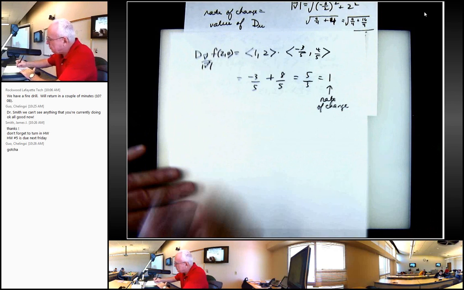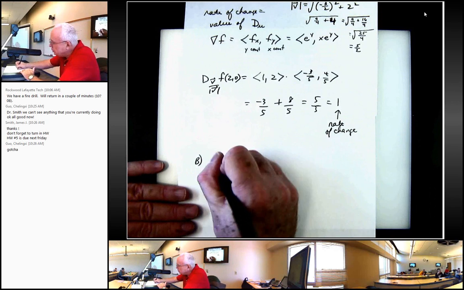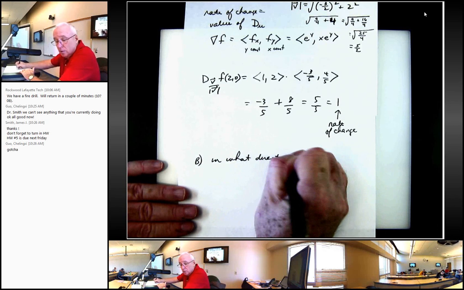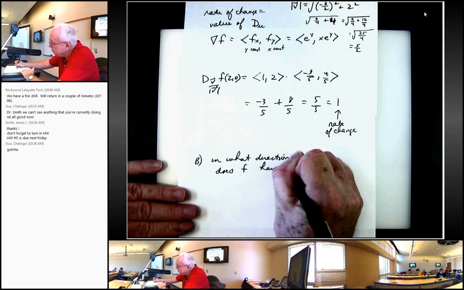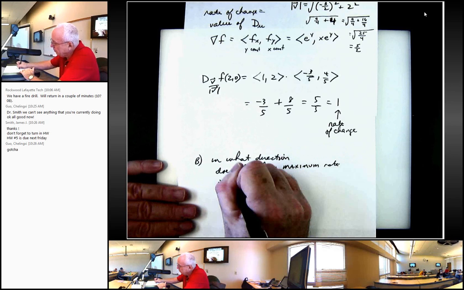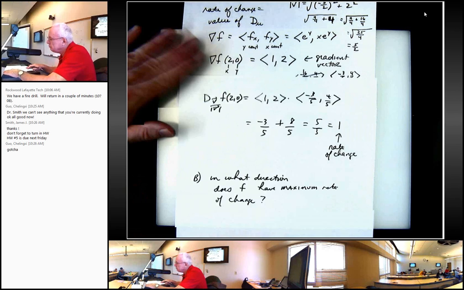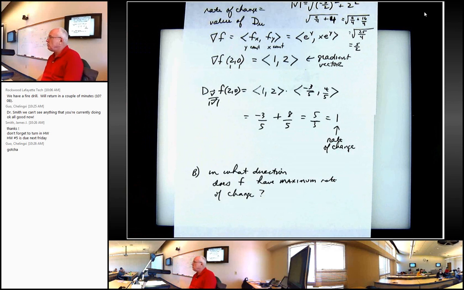Now let's look at another question, part B. The questions get easier. In what direction does our function f have the maximum rate of change? Moving towards what direction do we have the biggest rate of change?